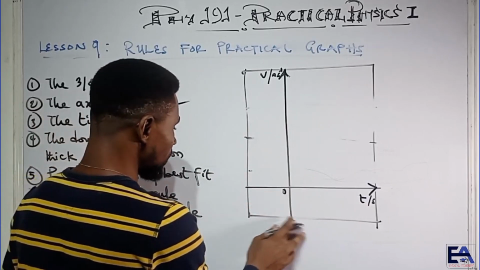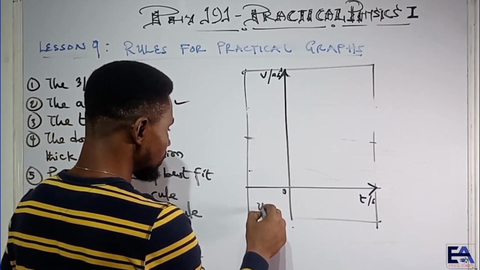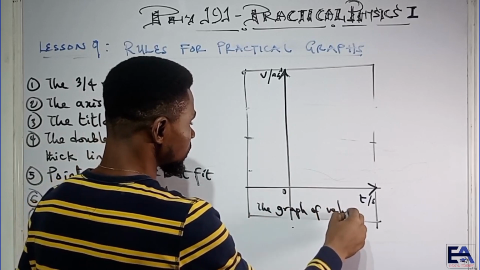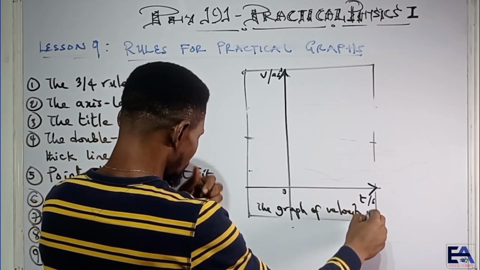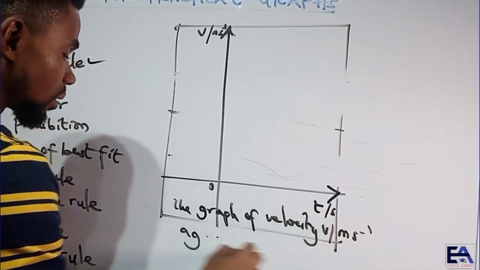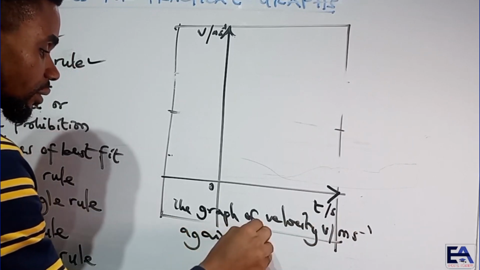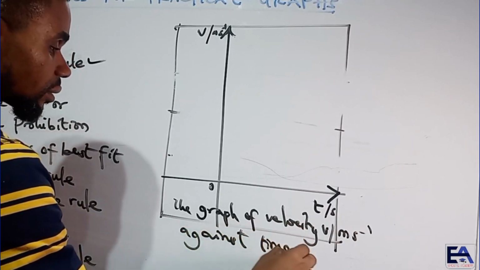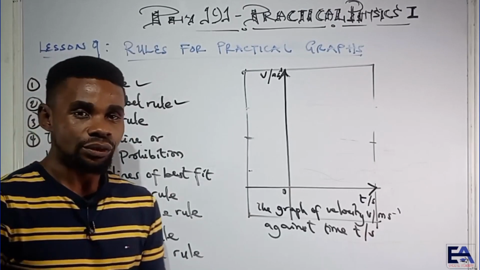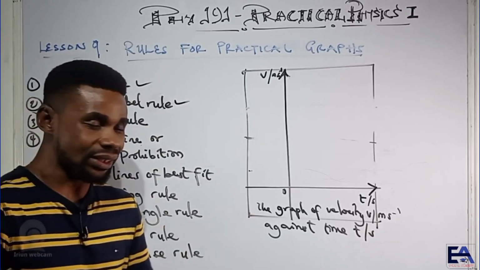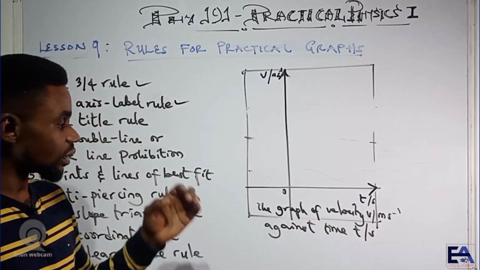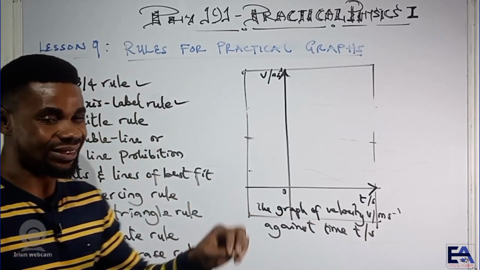So the title of the graph could be: the graph of velocity V in meters per second against time t in seconds. Very important. In fact, it is also good to indicate the scale of the graph after your title.